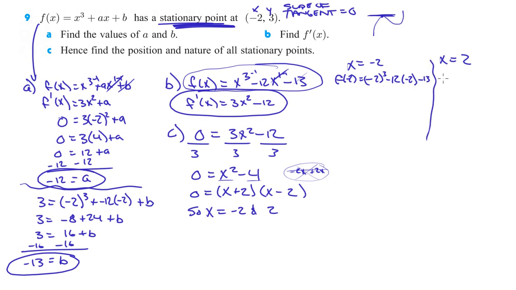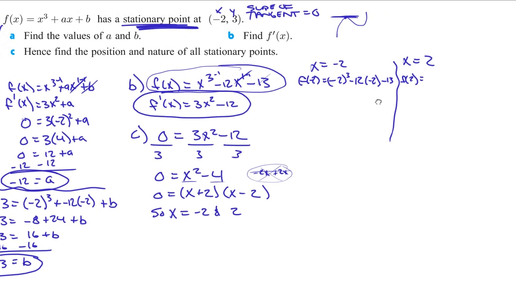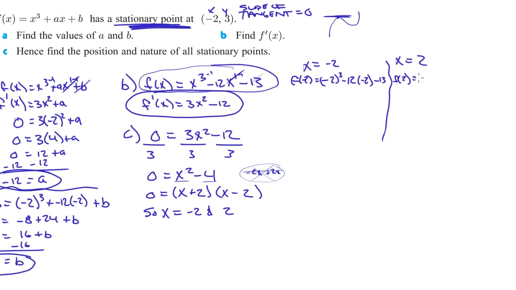And then for x equals 2, f of 2 equals 2 cubed minus 12 times 2 minus 13. And then we can just solve each of these. This is going to be negative 8 plus 24 minus 13.